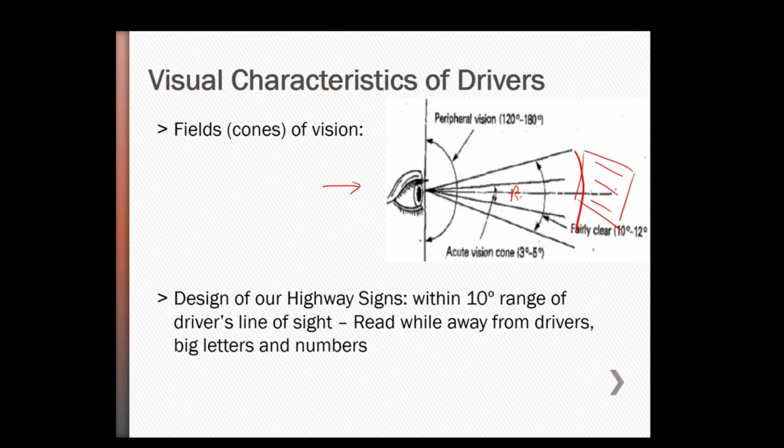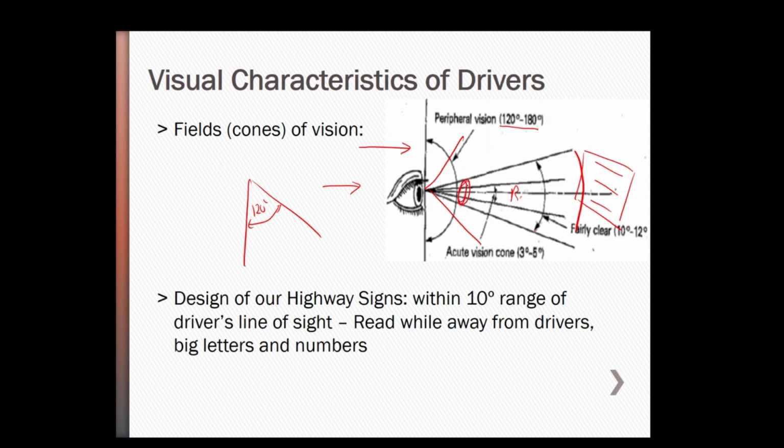And there's what we call peripheral vision. It's a cone with an angle between 120 degrees and 180 degrees. The problem with peripheral vision, even though it's so important, is that once you drive faster, this cone gets narrower. You rarely can see what's on the side because you're focusing on the driving task.